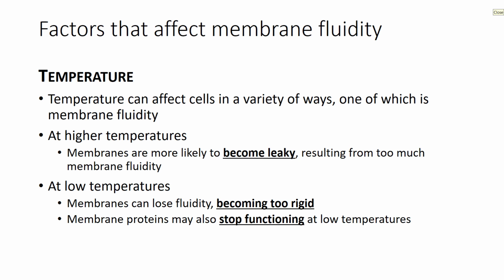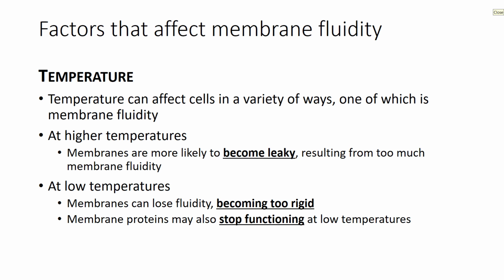It's ultimately why temperatures have to be balanced. If you get too much heat, you'll get too much motion. It becomes too chaotic. You can't keep it all together. And in contrast, if you have too low of a temperature, you don't have enough motion, and everything becomes too solidified in a way that's not compatible with life.